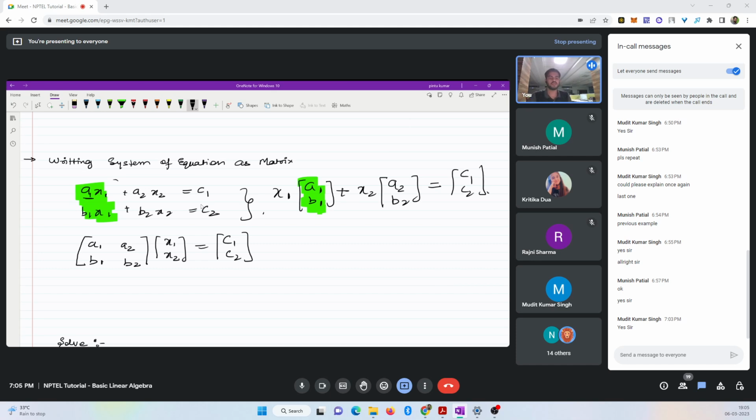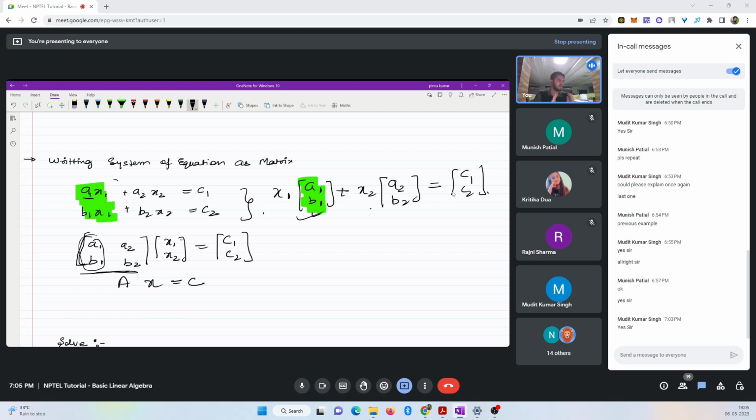And this is what I told you about what matrix multiplication means to us. If you multiply a matrix by a column x1, x2, then the first column gets multiplied by the first element and the second by the second element. So you can see that this matrix multiplication we have written, Ax equal to C, is correct. We can write this equation in this form.